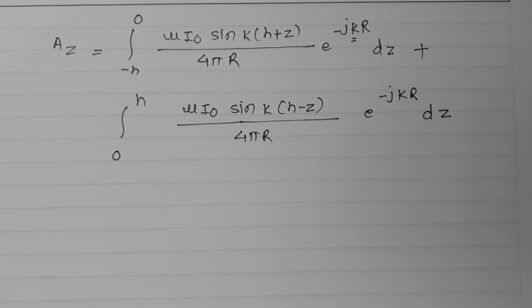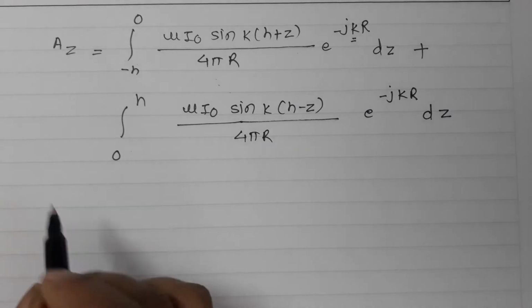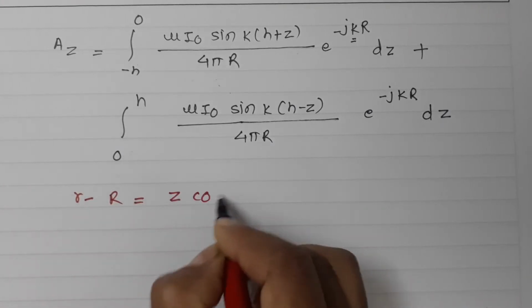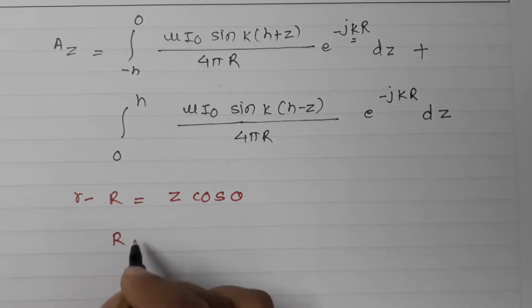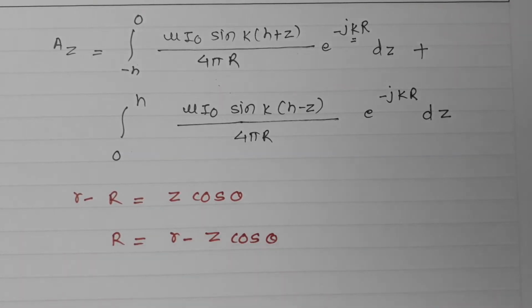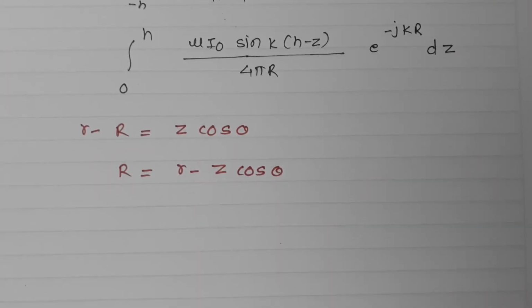So we can say that r minus r' is equal to z cos theta, whereas r' is equal to r minus z cos theta. If the length of the antenna is very small, here we are assuming that our observation point is far away from the antenna, so it is in the far field region.